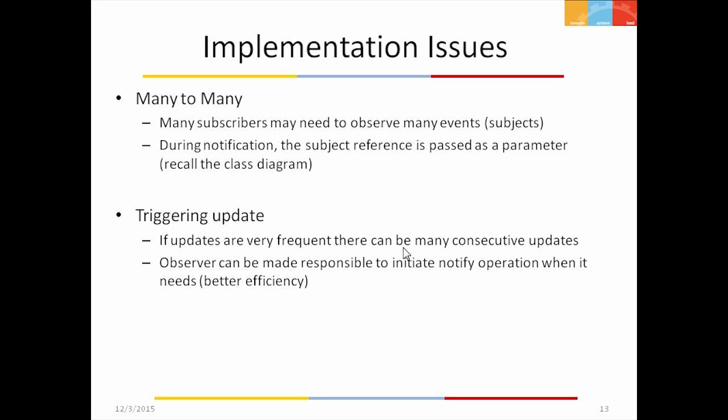Why is that required? If there are very frequent updates, then essentially the publisher will end up sending many small events very frequently, and that might cause too much network traffic. In fact the publisher might also be busy just sending those updates all the time. And not many of those events are of any interest to the observer.